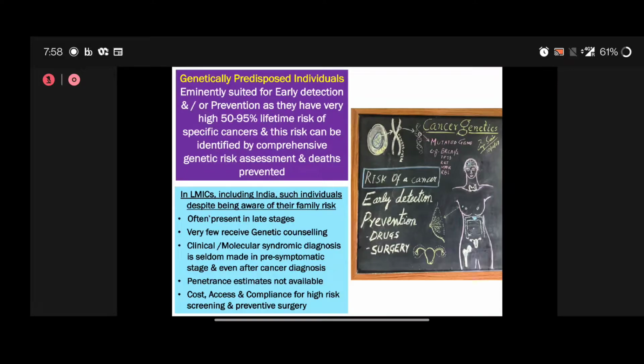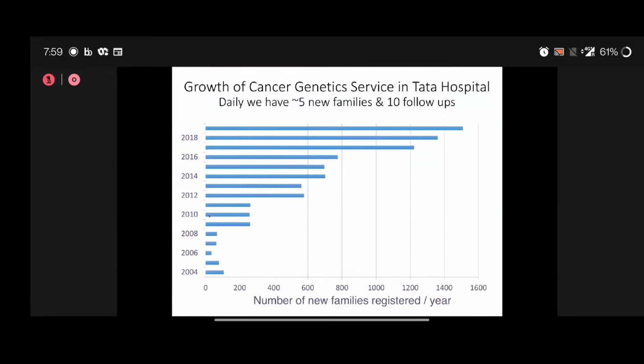But in low and middle income countries, including India, despite being aware of their family risk, very often they present in late stage. Only a few receive genetic counseling. Clinical and molecular syndromic diagnosis is seldom made in the pre-symptomatic stage and even after cancer diagnosis. Penetrance estimates are not known, and there is the issue of cost, access, and compliance to high-risk screening and preventive surgery.